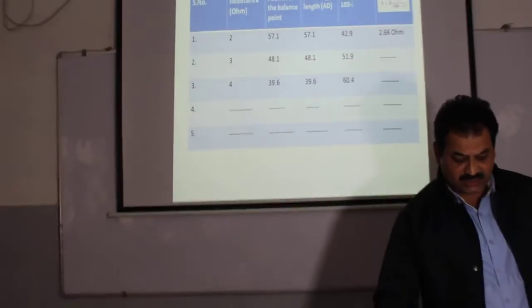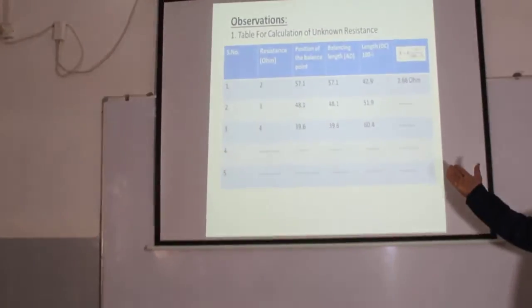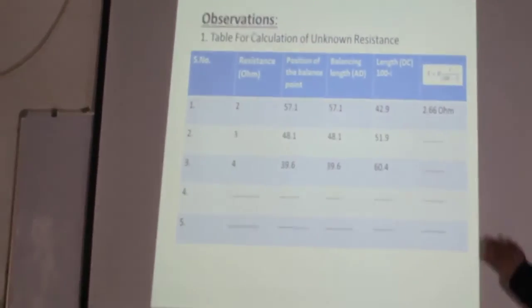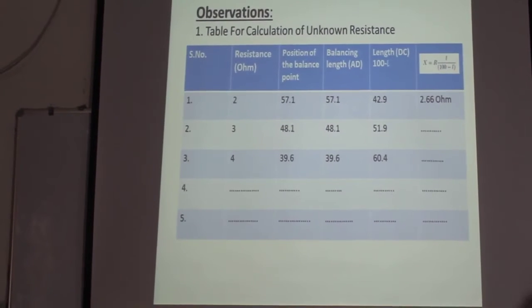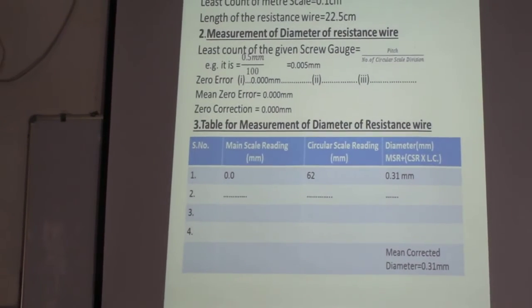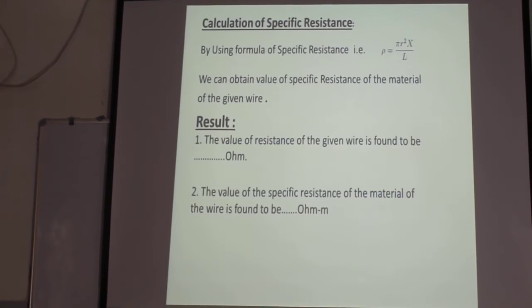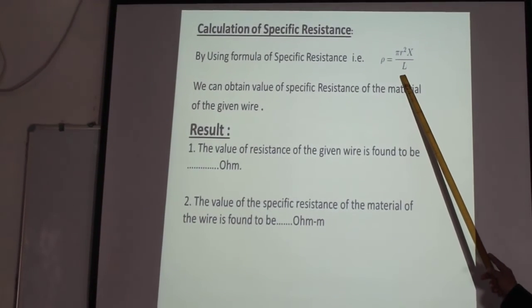Like this, take at least 5 observations of unknown resistance, take mean of all these values, and then in order to obtain the specific resistance we use this formula.